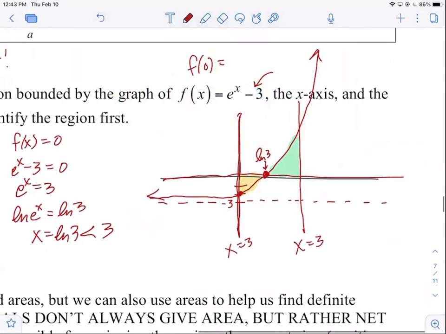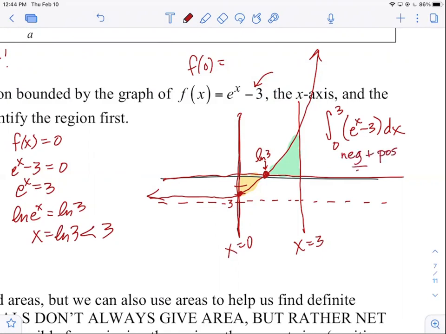If I just integrated from 0 to 3 of the function e to the x minus 3 dx, is that going to give me the area of those two regions? No, it's going to be some negative quantity plus some positive quantity, which will not be the area.